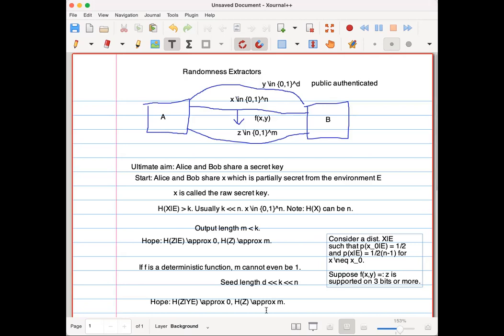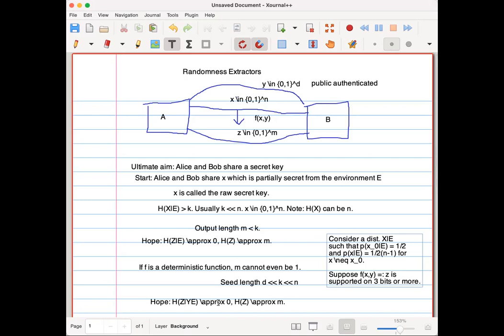But here is where the contradiction lies. The environment Eve knows that there is this x0, and with probability at least half, the raw key is concentrated on x0. The environment also knows the seed Y. That's the jargon: it's called a seed.